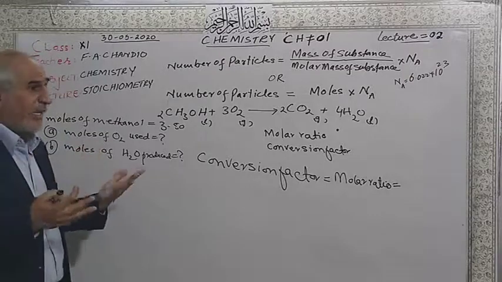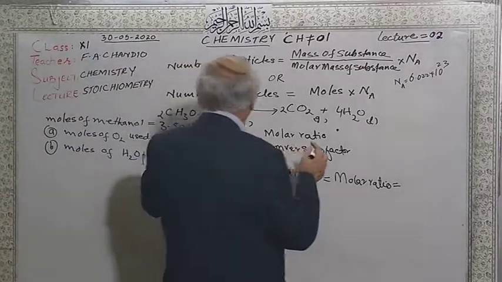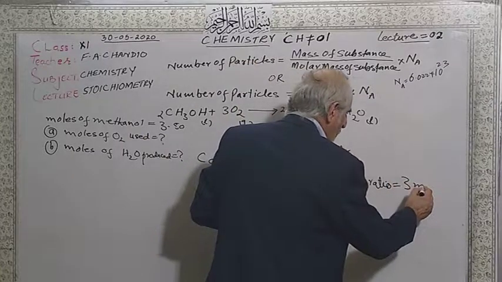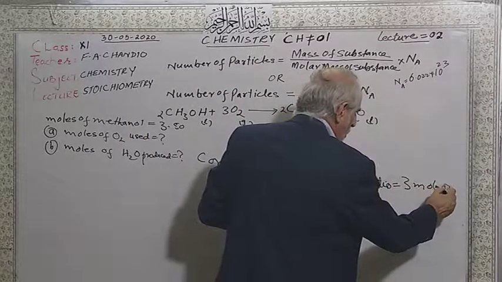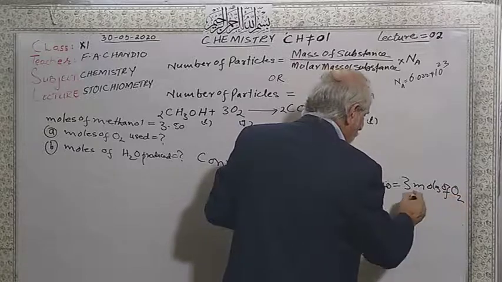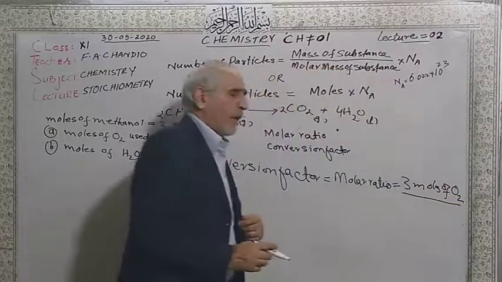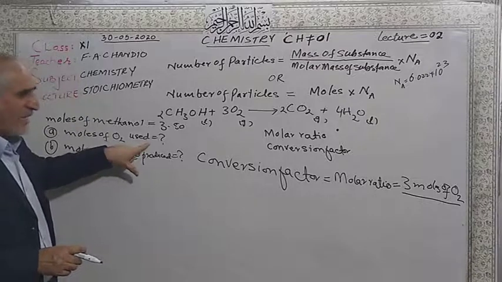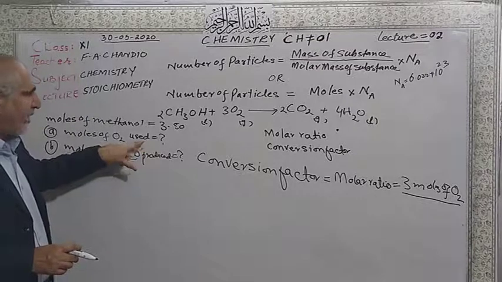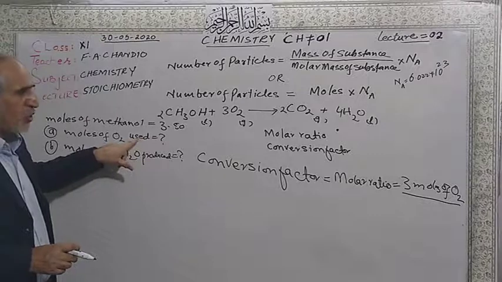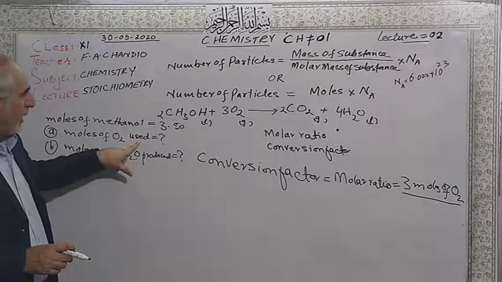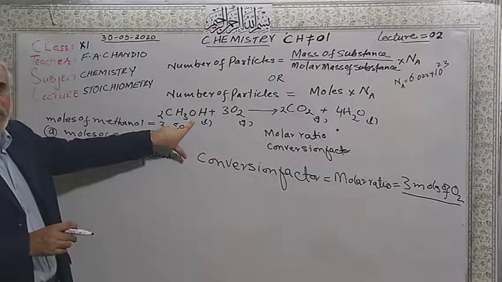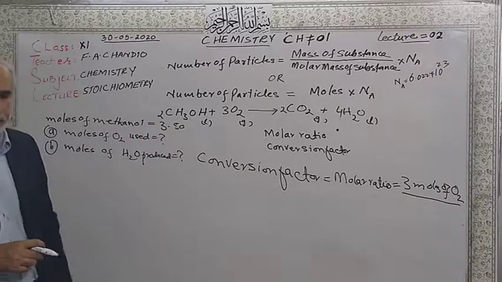These are desired. So for the first question A, I write 3 moles of oxygen as the numerator. In the conversion factor, the question asked, the desired or required quantity, should be numerator.